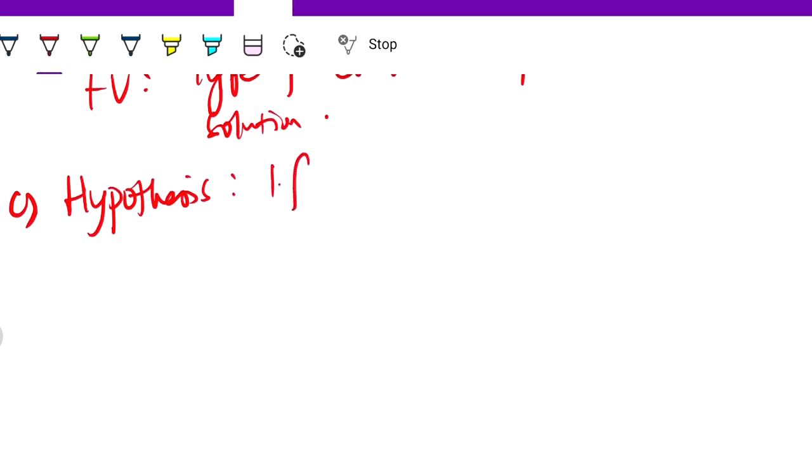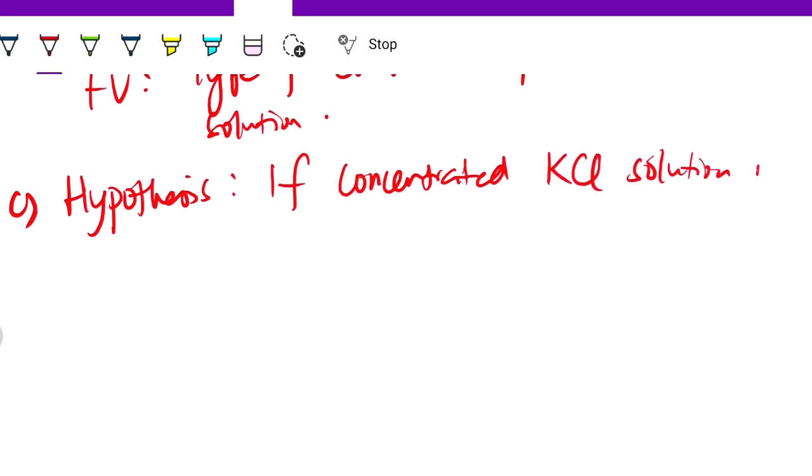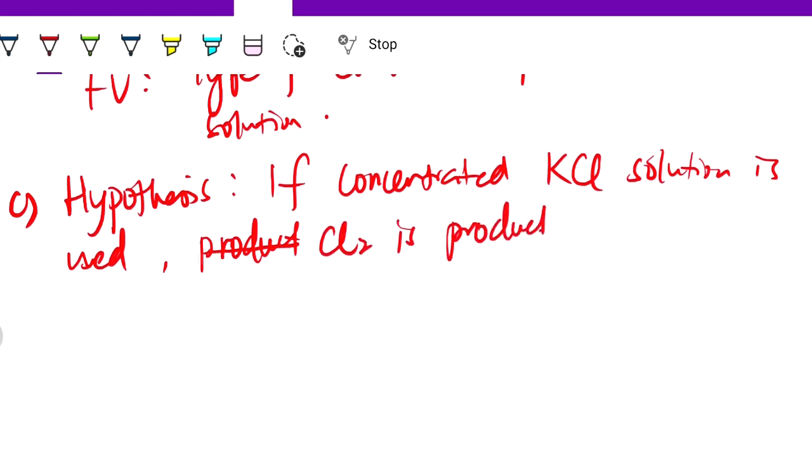Now next will be our hypothesis. If concentrated potassium chloride solution is used, the product formed, we can just write, chlorine is produced at the anode.